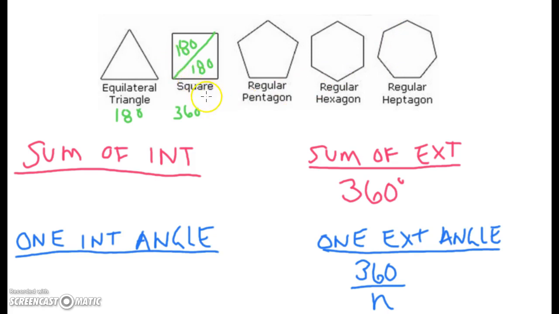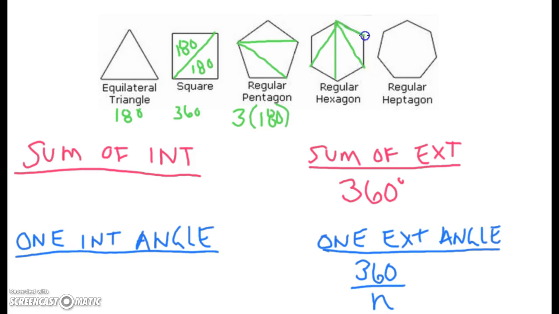You can break them into triangles by connecting the corners. So a pentagon gets broken into 1, 2, 3 triangles. So you would do 3 times 180. And a hexagon, you just pick a corner to start with and you connect all the other corners.